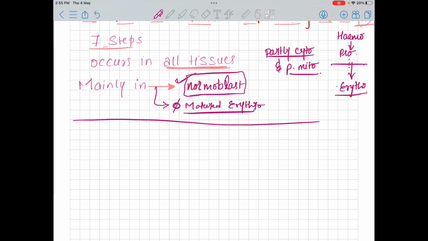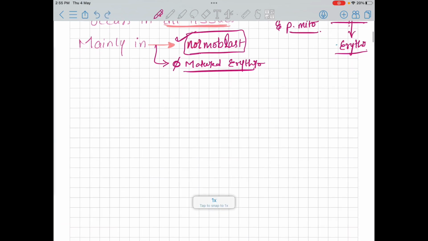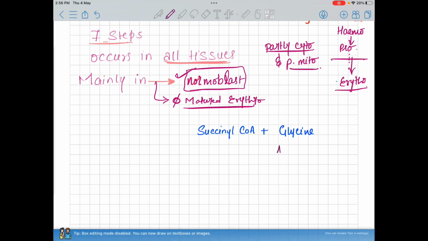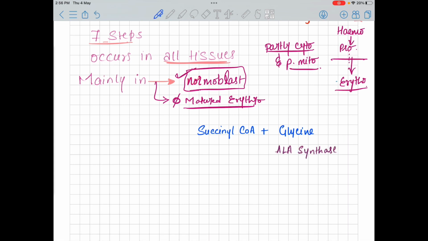Now, if we go towards the entire stepwise process, succinyl-CoA is added to glycine in the presence of an enzyme. That enzyme is ALA synthase. So this is the enzyme which is going to work.